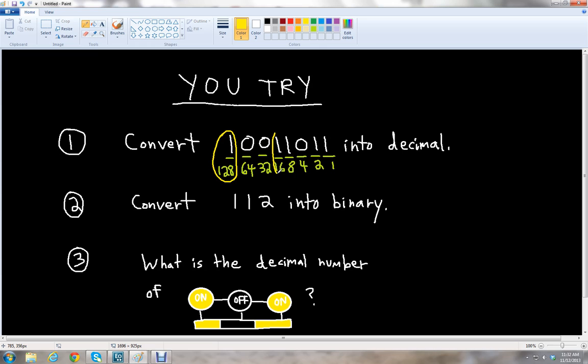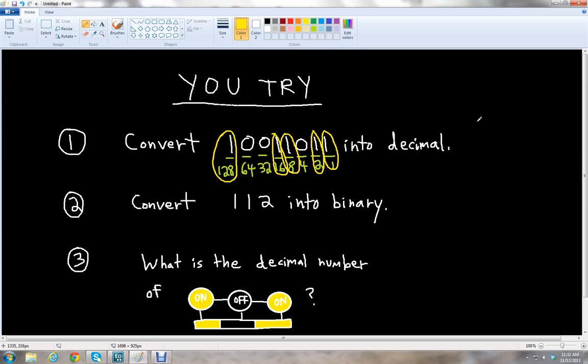So we only add up the 1s, and the zeros don't count. So just remember, 1s are like the on switch is on. You can use them with the light, and then the zeros are off switch. You can't use them because the light's off. And then we just add up all our numbers together.